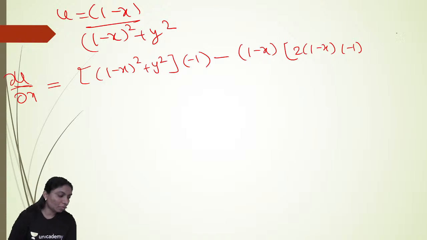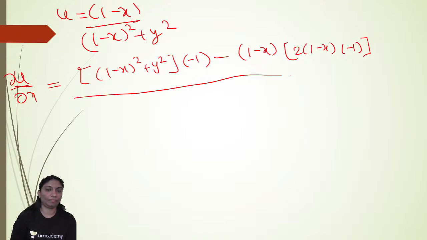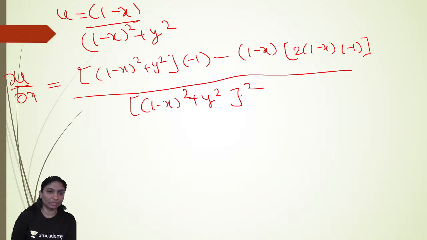So ultimately you will get here, upon (1 minus x) whole square plus y square, whole raised to 2.